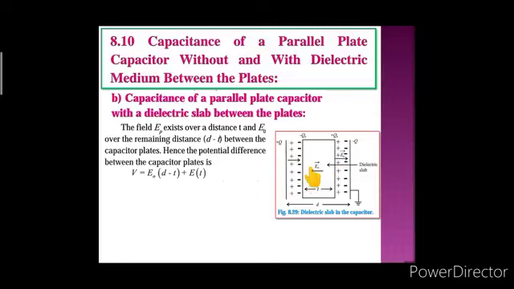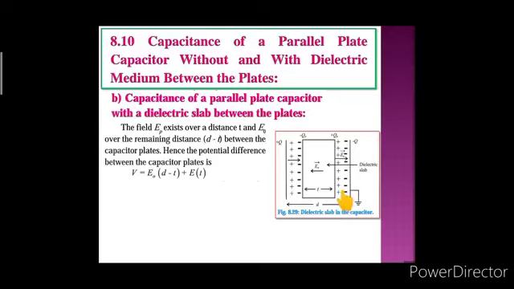The field E will exist within this slab of thickness T, and E0 over the remaining distance, that is D minus T, as the distance between the two parallel plates is D and the thickness of the slab is T. So from the end of the dielectric slab to the parallel plate, the distance is D minus T.